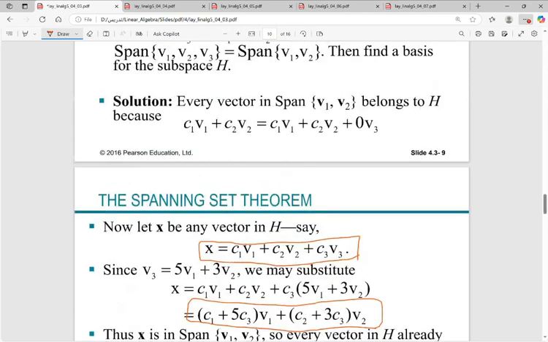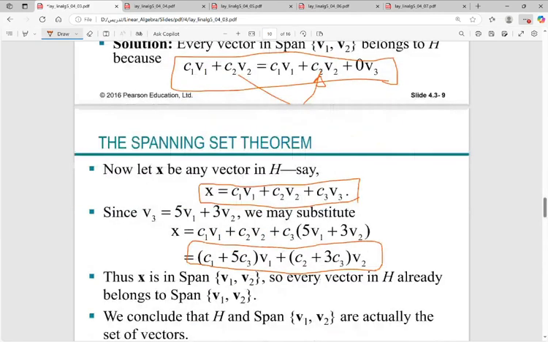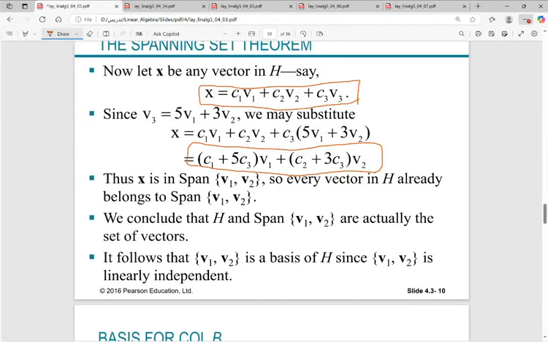Actually, over here, first, it shows that any vector which is a linear combination of V1 and V2 is also a linear combination of V1, V2, V3. Then it shows that any vector which is a linear combination of V1, V2, V3 is a linear combination of V1 and V2.